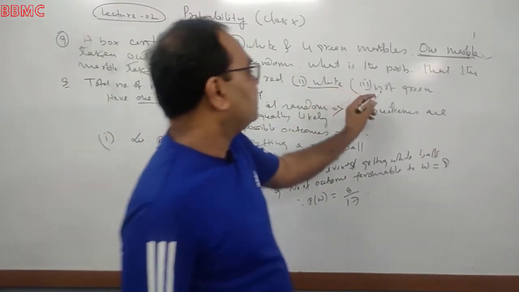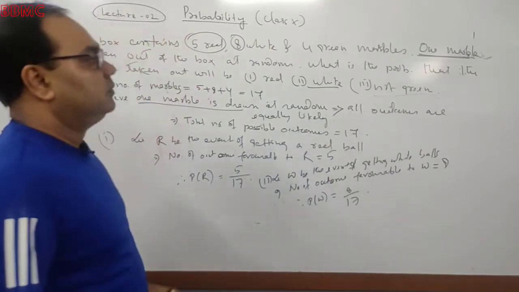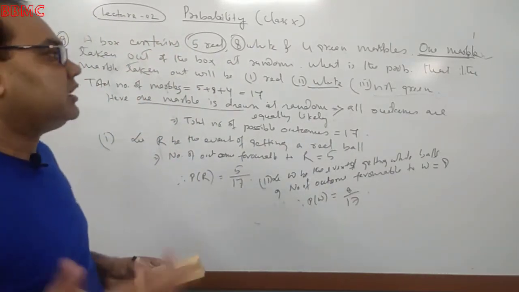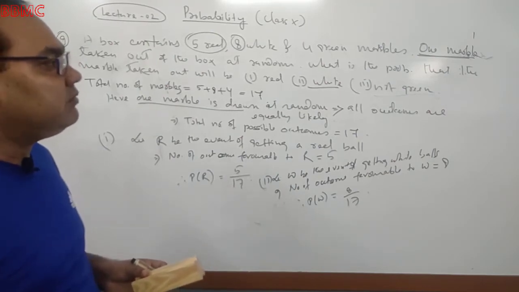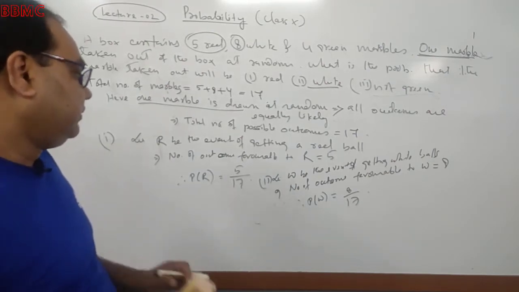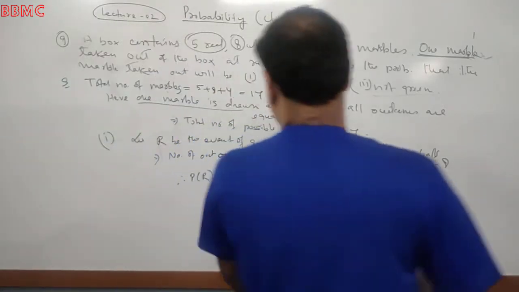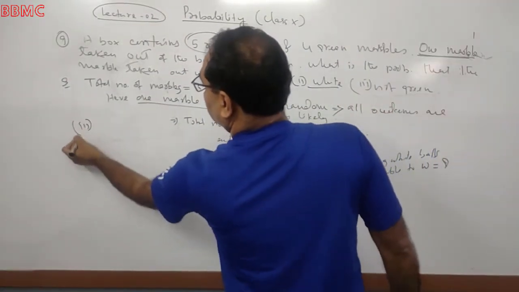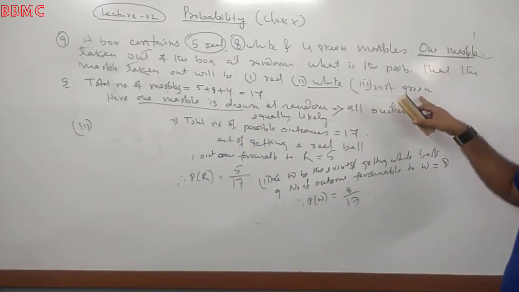And number 3 is not green. I will find the probability of getting a green.